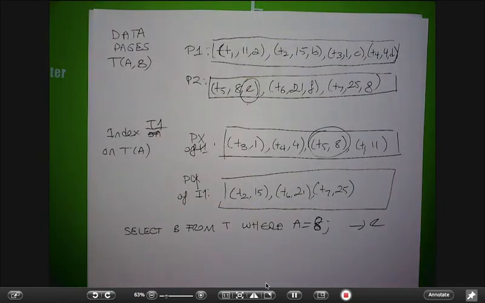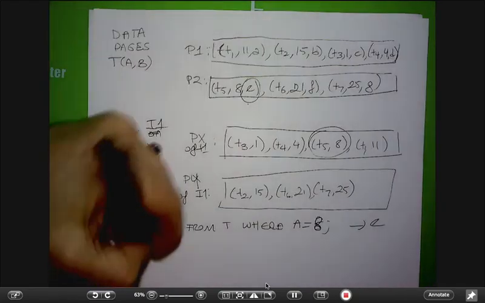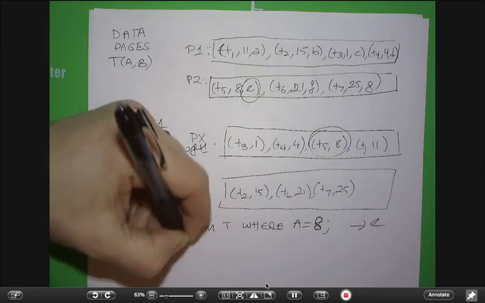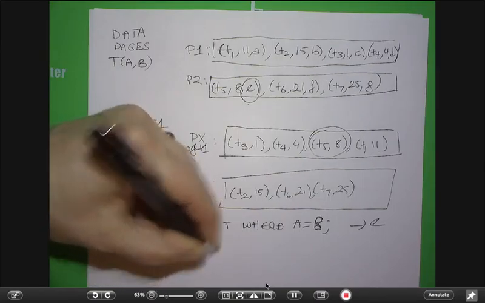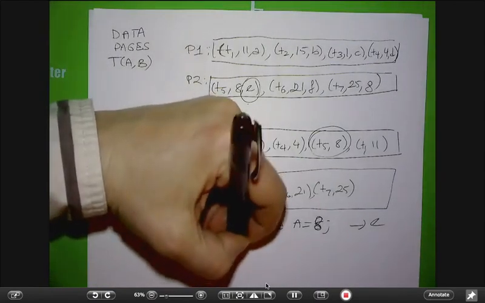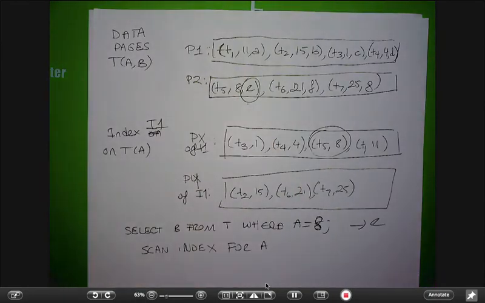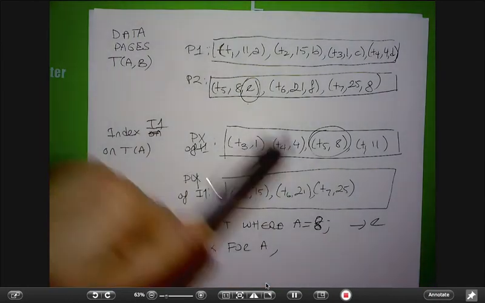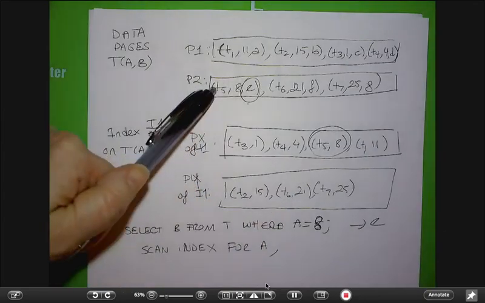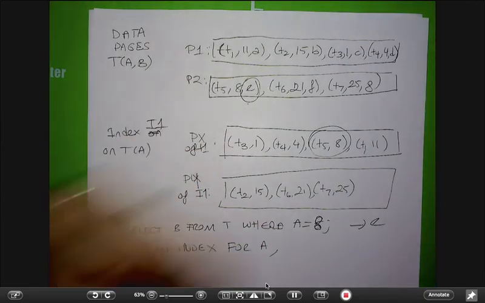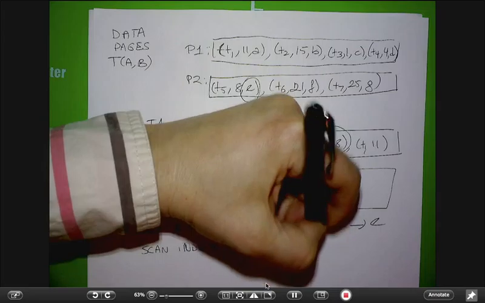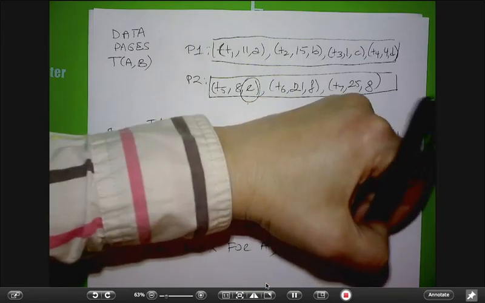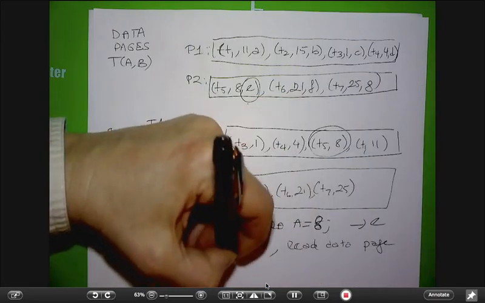So to get to this, I had to scan the index for A, and I had to find the tuple to read from data pages because of B. Then read the data page for the B attribute.